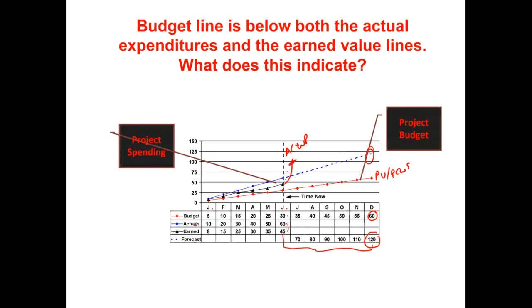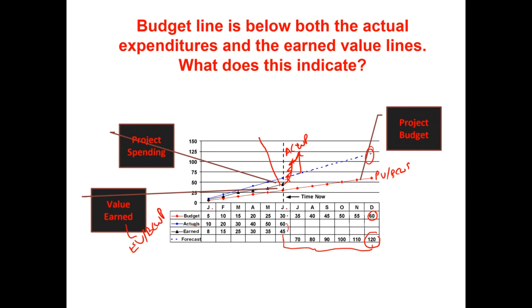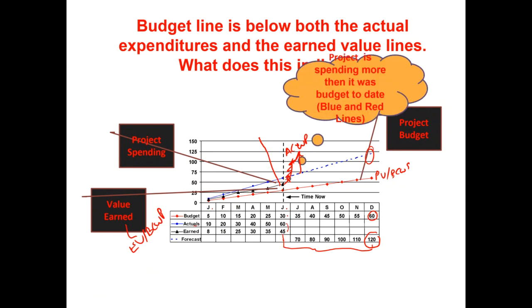This blue line is the actual cost of work, and this black line here is referred to as earned value, or budgeted cost of work performed. So we can see here the project is spending more than it was budgeted to date.